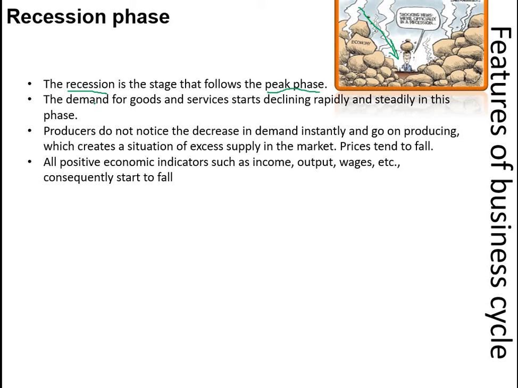Why is it not nice? The demand of goods and services in this particular stage starts declining. And if the demand of goods and services starts declining, there's something wrong.